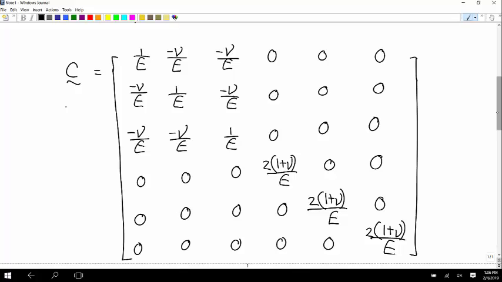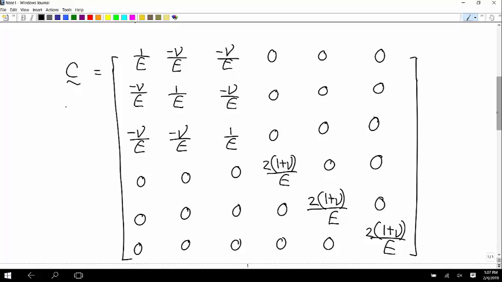So you're multiplying this matrix times the stresses: sigma XX, sigma YY, sigma ZZ, and then the shear stresses. When you do the matrix multiplication, you multiply this times sigma XX plus this times sigma YY plus this times sigma ZZ, and that big dot product is what gives you the EXX element of the Voigt strain.